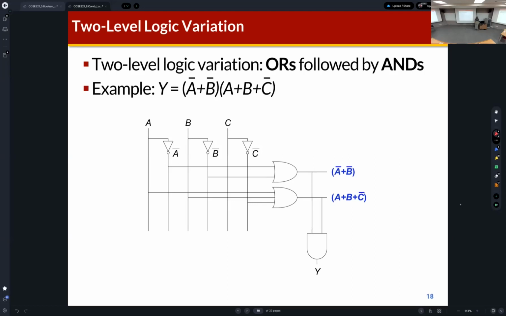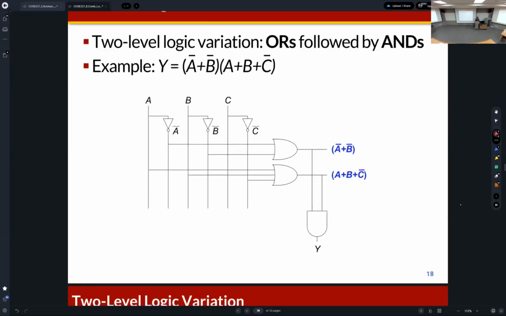Like the SOP form, you can implement the logic like this. What is different? We use the OR gate for the first stage, and then the OR gate is connected to the AND gate. We can find that these are max terms, right? This is the Boolean equation, and we can implement this Boolean equation like this.